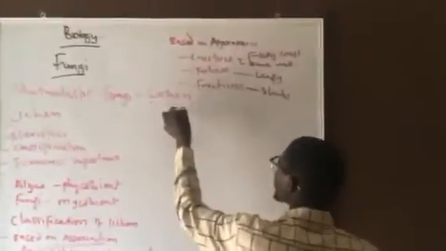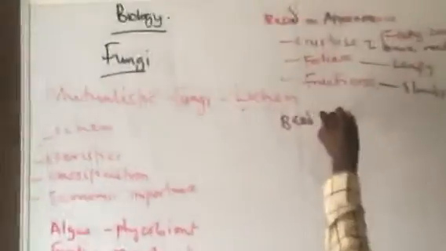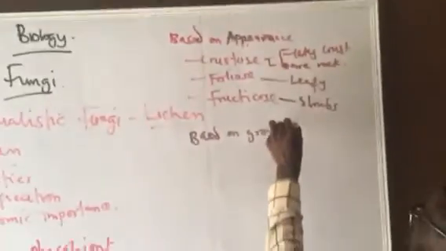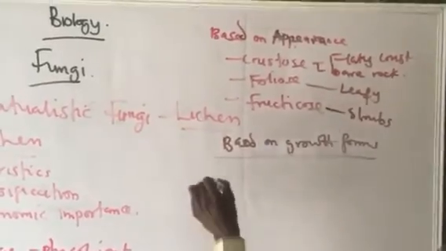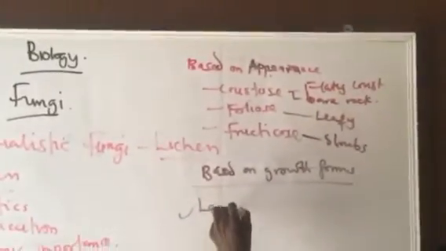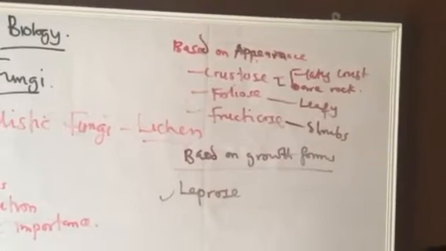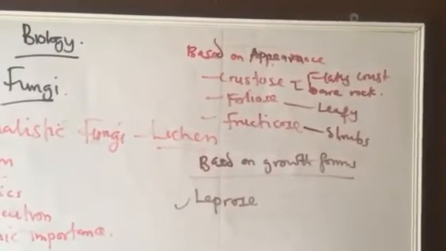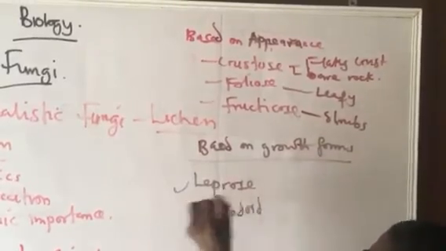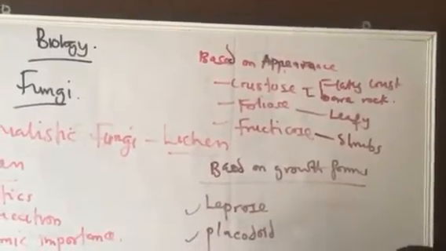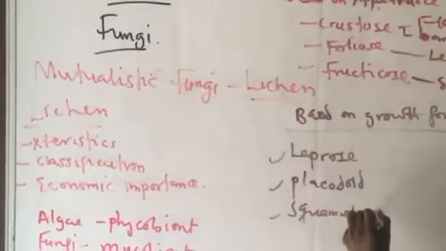Then we also have classification based on growth forms. That's where we have the leprose, the squamulose, and also the placodioid.